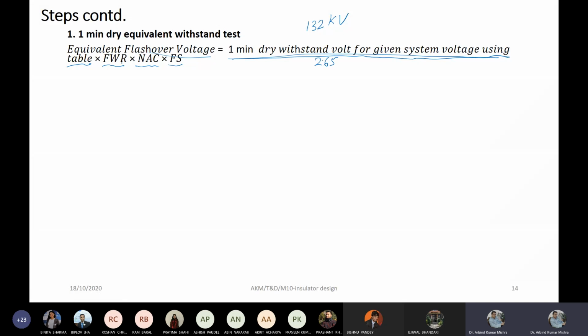Then you have to multiply this 265 by the flashover to withstand ratio, then the non-standard atmospheric multiple, and then the factor of safety.